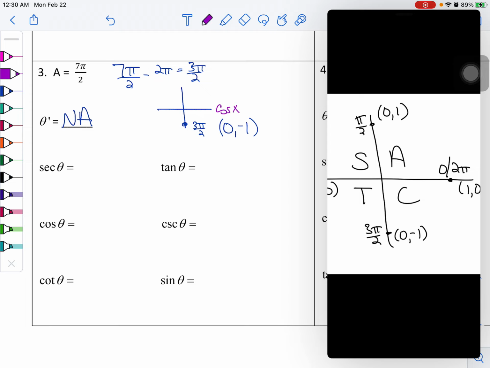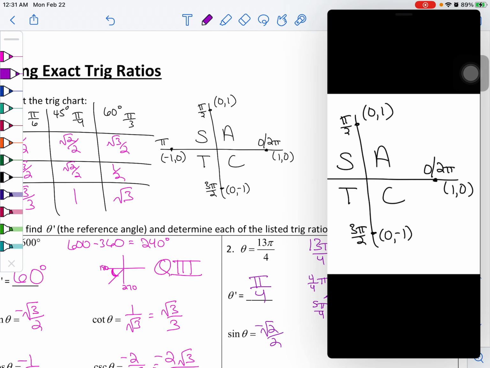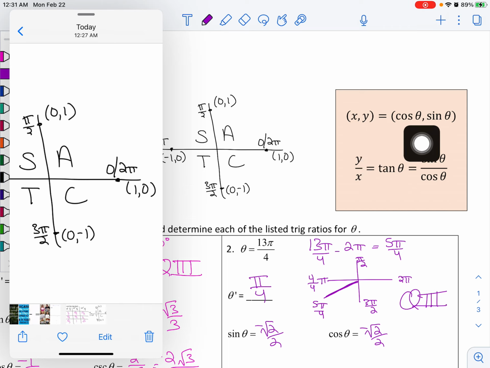One of the pieces at the top of this page was a reminder that every point on the unit circle is cosine theta, sine theta. So I now know cosine of theta is 0, and sine of theta is -1. The other thing I need to remember is that tangent is sine divided by cosine.